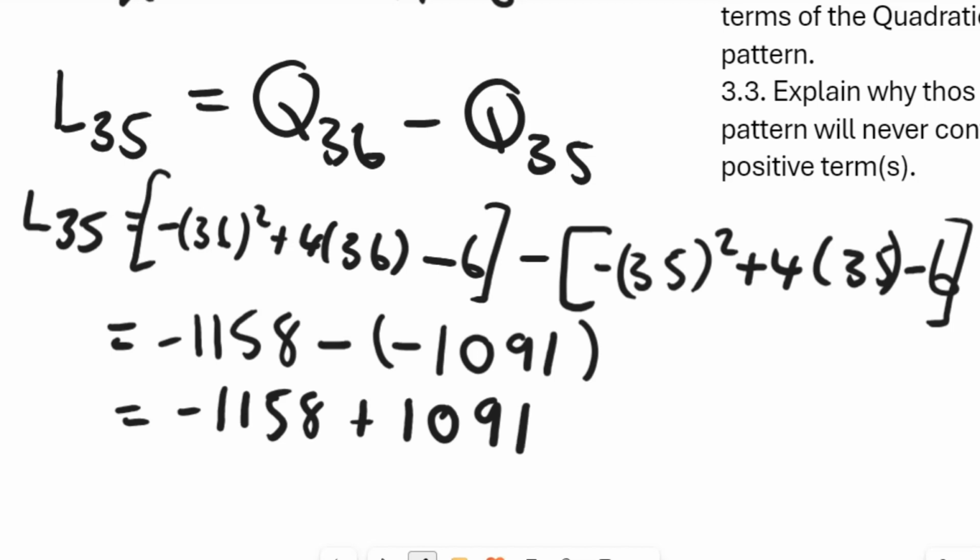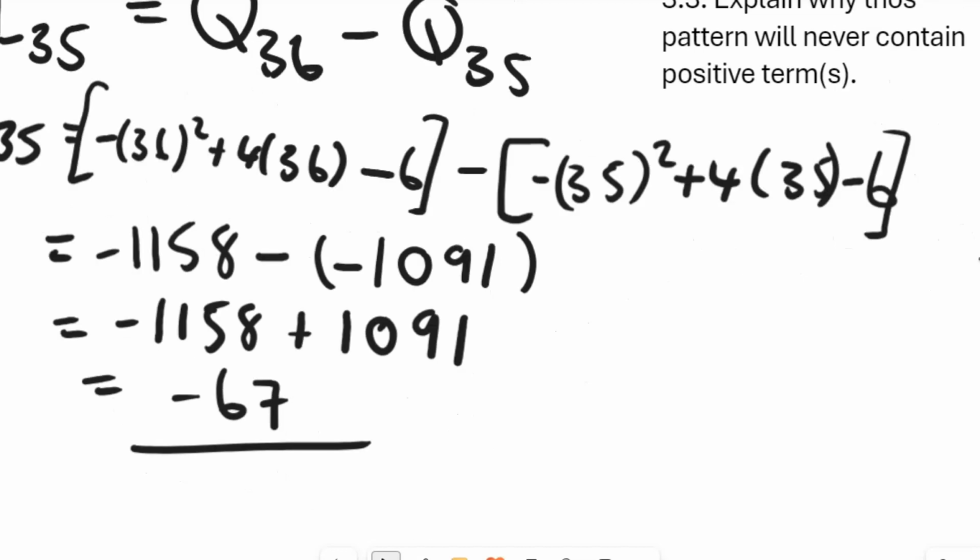This will give us negative 67, negative 67. So this is our final answer. This is the term that they are looking for. It's part of those arithmetic series that is 1, minus 3 and so on. This minus 67 is part of those guys.